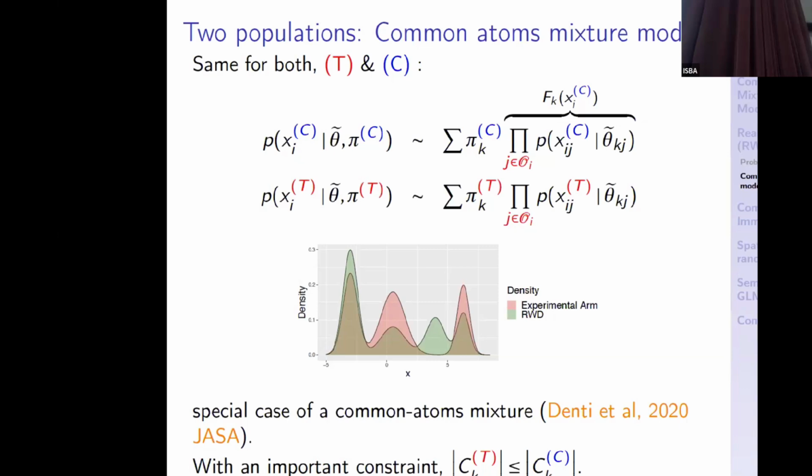Then I can create these two mixtures: the blue mixture for the external data and the red mixture for the current data. Everything is indexed with that colored superscript, except for the cluster centers. The cluster centers do not get a colored mark because they are shared, to create aligned partitions.